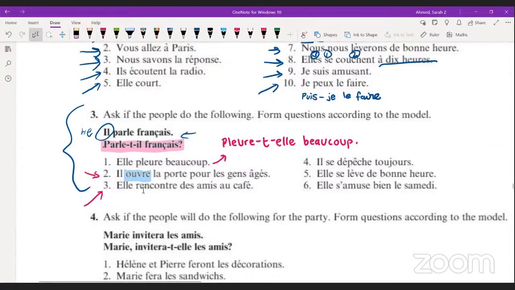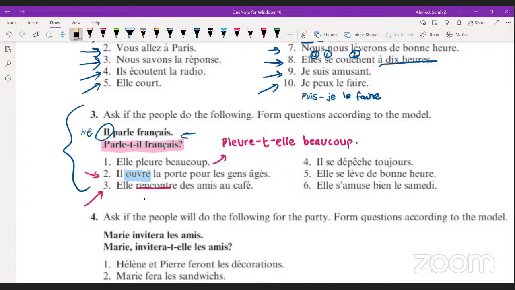Elle rencontre des amis au café. So which one is the verb here? Rencontre. Okay, very good.